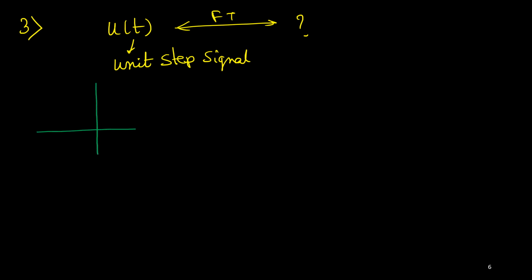Now U(t) is defined in this way: the right side is 1 and the left side is 0. This is U(t), and this is 0, 1. So this x(t) equals U(t). Now here you have to be careful, because for this signal the left side is 0 and the right side is 1, so the average value is half. So it has a DC value here, which is half.